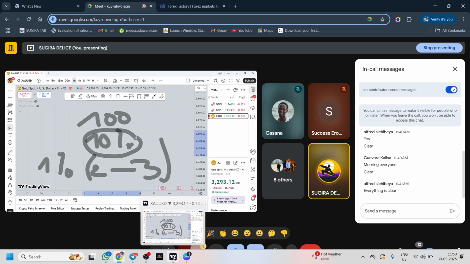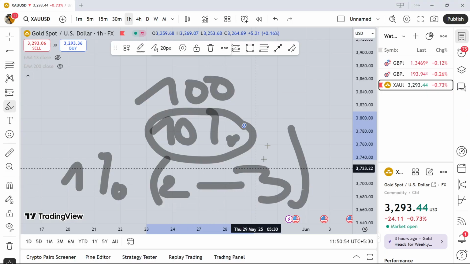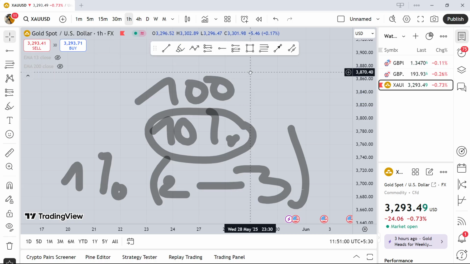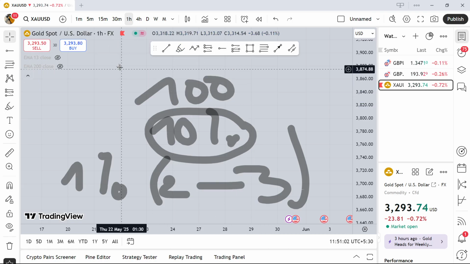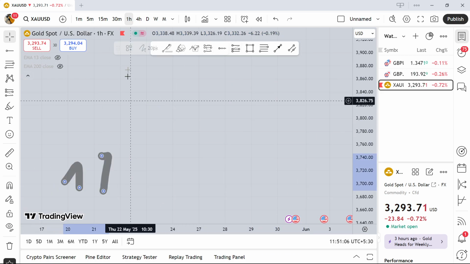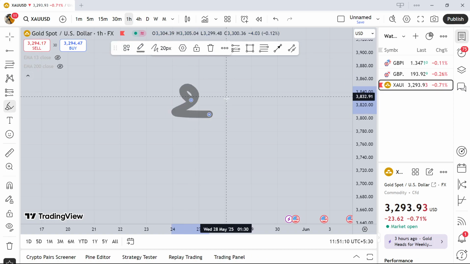For example, through this week, if my winning trade is 1 to 3, and if through this week we have already lost 2 trades, we took 2 trades and they were losing trades.